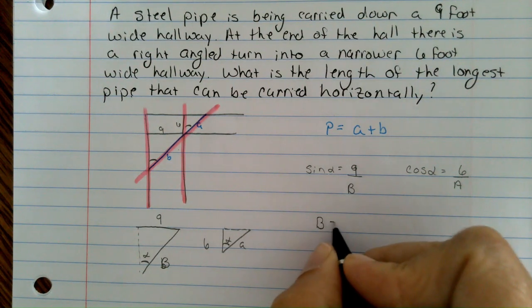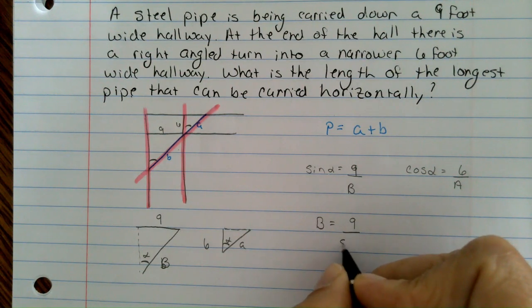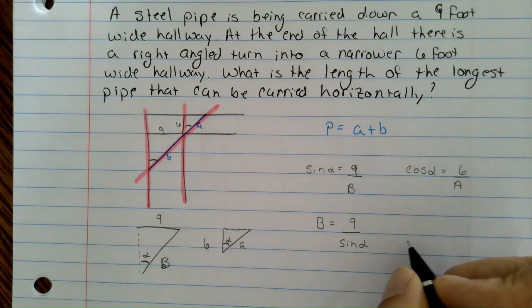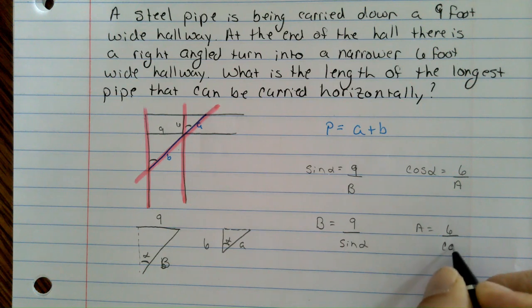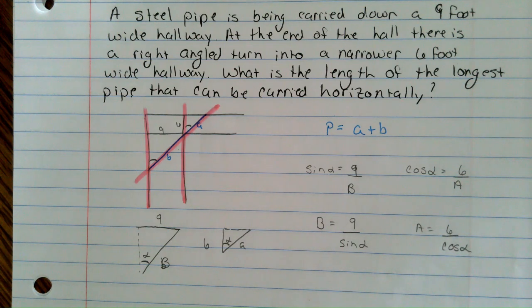So B would equal 9 divided by the sine of alpha, and A would equal 6 divided by the cosine of alpha. Now they're both based off alpha. Now we can substitute.